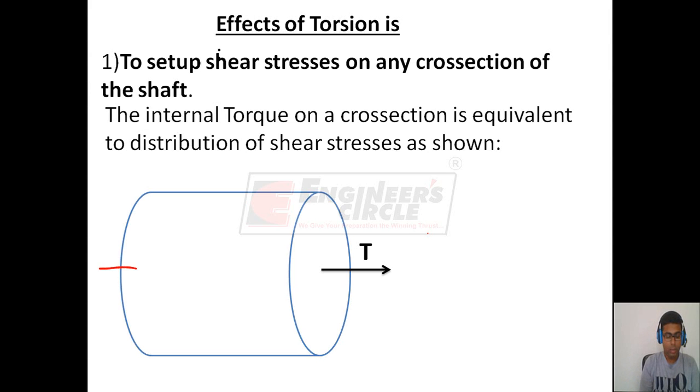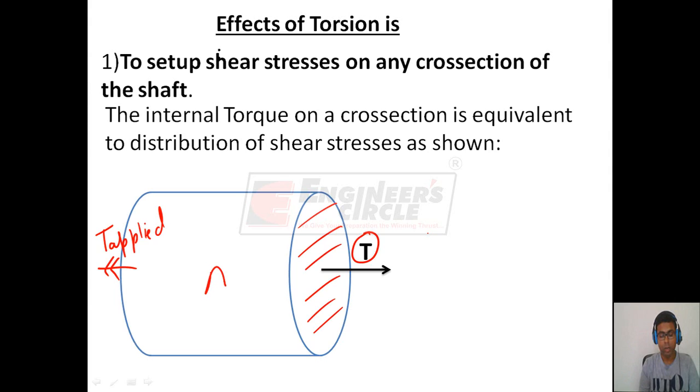So due to the applied twisting moment T, internal torque T will be set up on any cross section. This is the internal torque acting on this cross section. This is portion A of the shaft. This torque T is equivalent to the distribution of shear stresses on this shaded cross section.